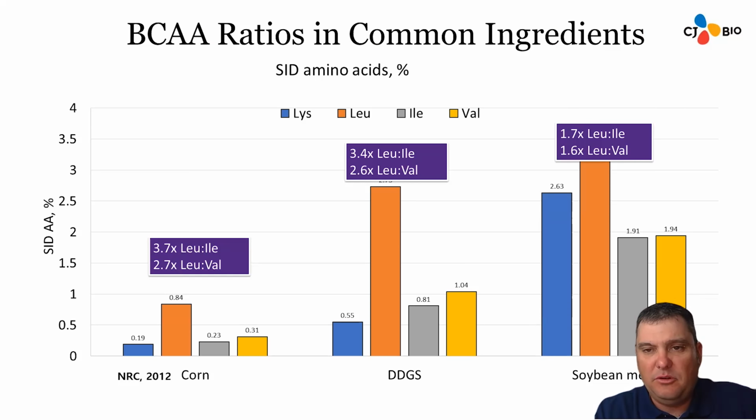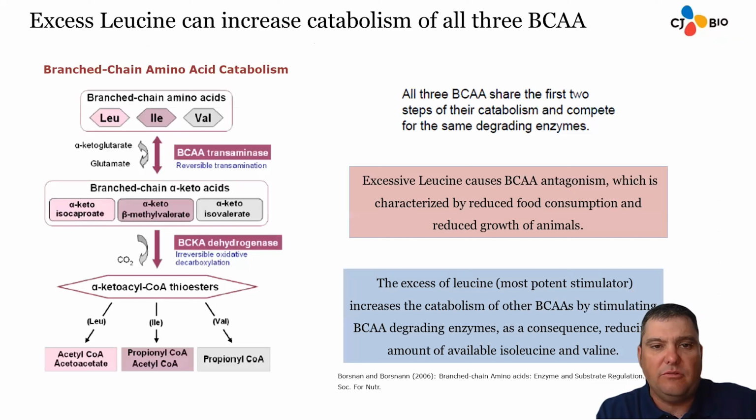So as we reduce crude protein level, we have to make sure that we maintain the balance of these amino acids that have potential antagonisms to each other. And the branched-chain amino acids absolutely do. And why is that? Well, that's because all 3 branched-chain amino acids share the first 2 steps of their catabolic pathway and compete for the same degrading enzyme.